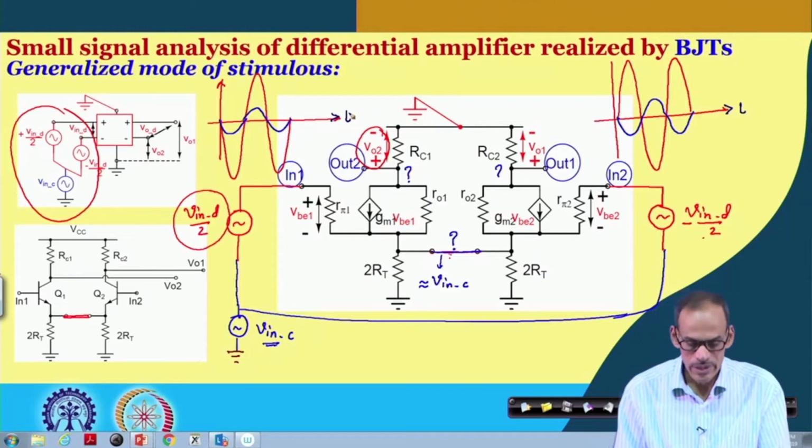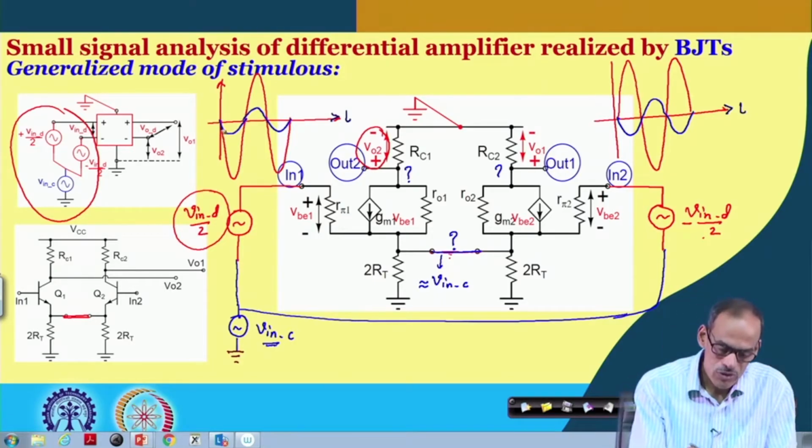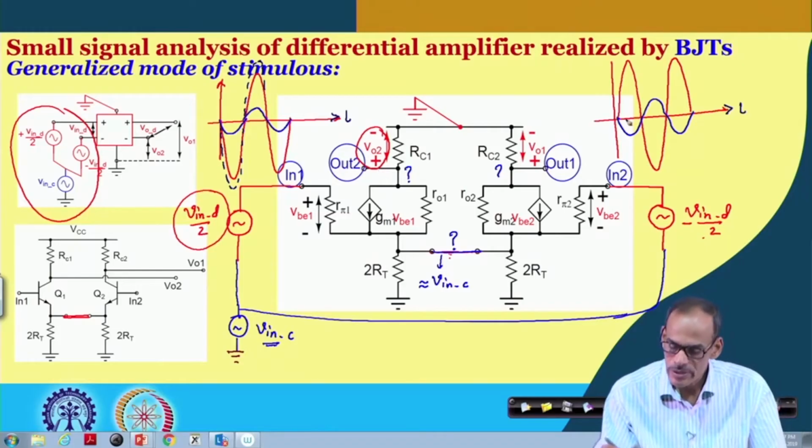And if that is the case, then at the two outputs what we will get, the combined effect of these two, it may be something like this. So, this is the net output we do get at this point, and if I consider the other input, it will be having the corresponding signal like this.